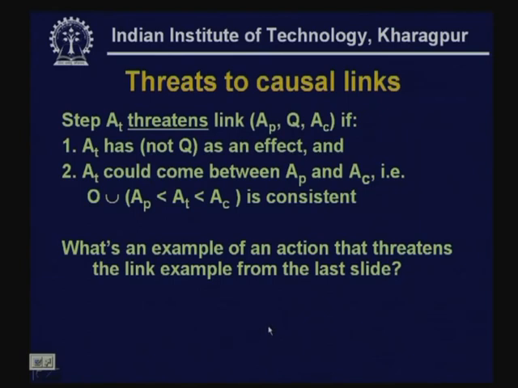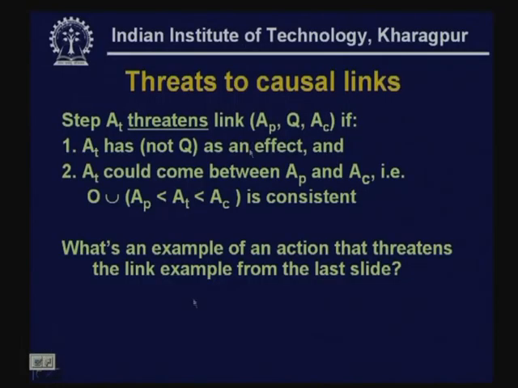Now, suppose we have a causal link. If we have a causal link from AP to AC, we cannot insert another action, a third action, between these two actions if that action threatens this causal link.